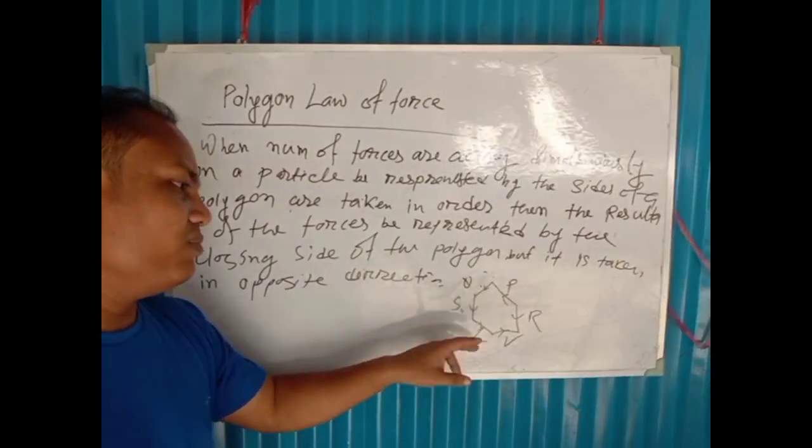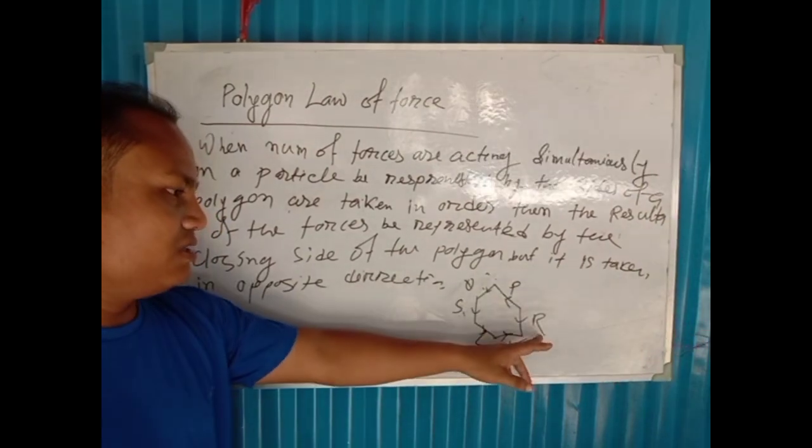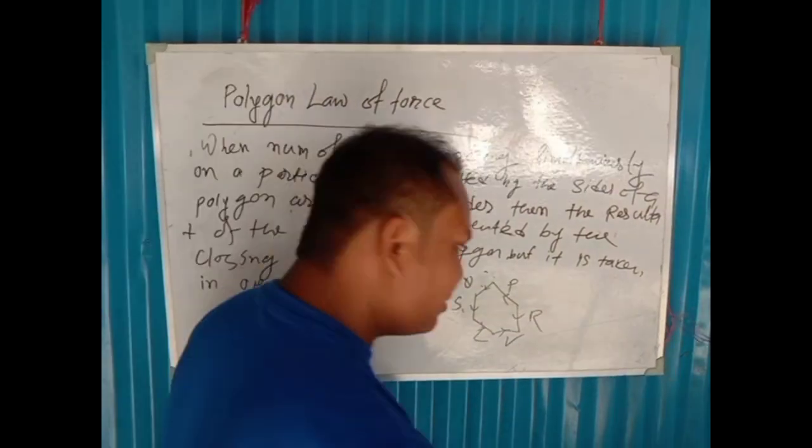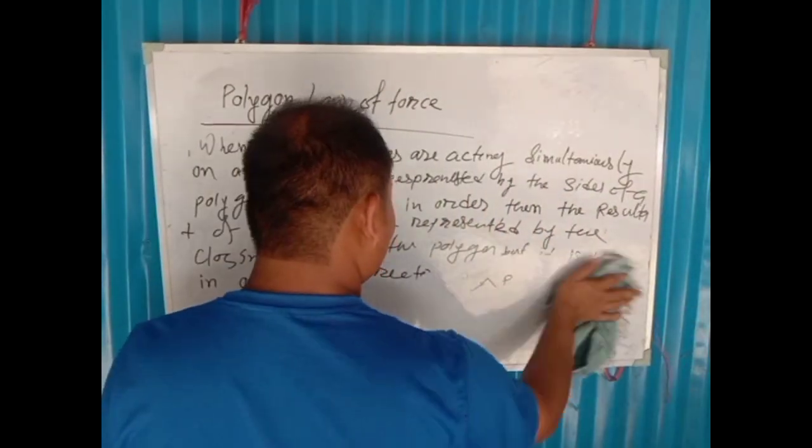This is the polygon shape. This is the resultant by which we can represent the polygon shape. Okay, let's go on to the next point.